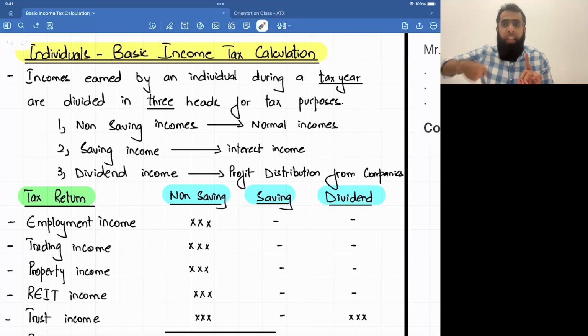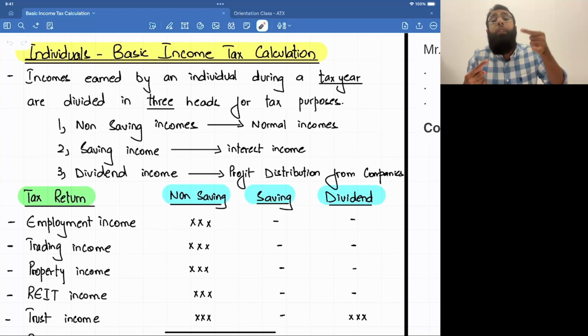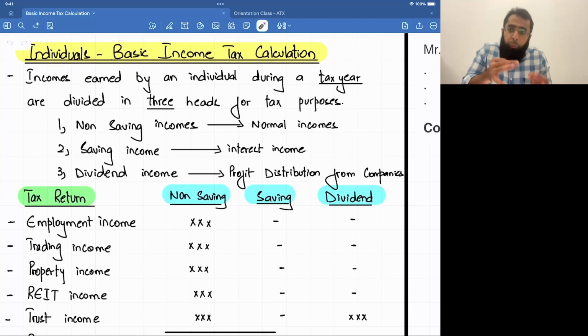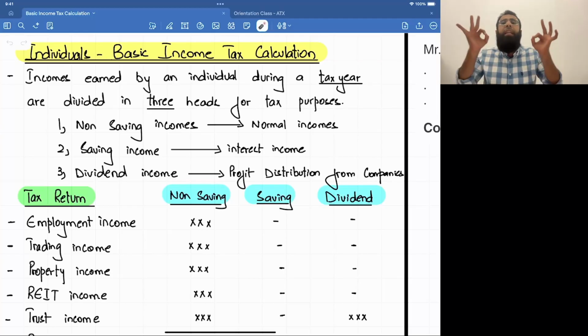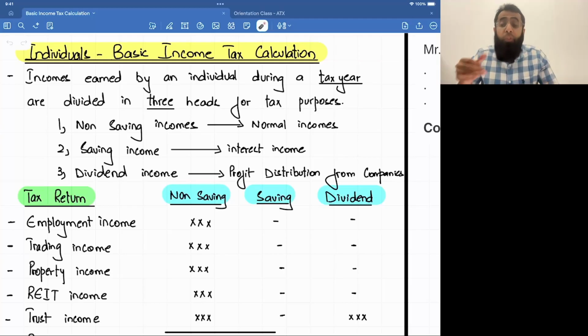Repeat with me: 6th April 2025 to 5th April 2026. We call it the tax year of 25-26, and it is relevant for the exams in June 26, September 26, December 26, and March 27.